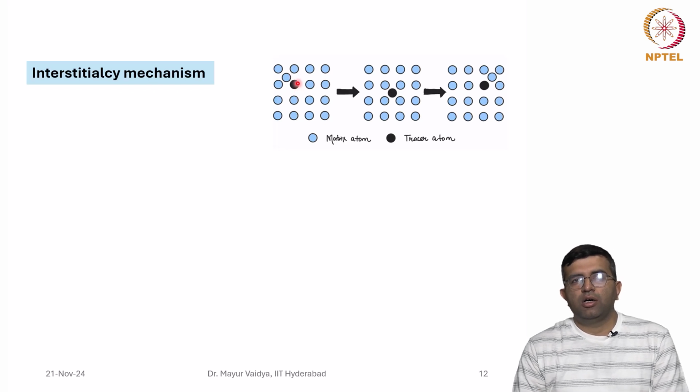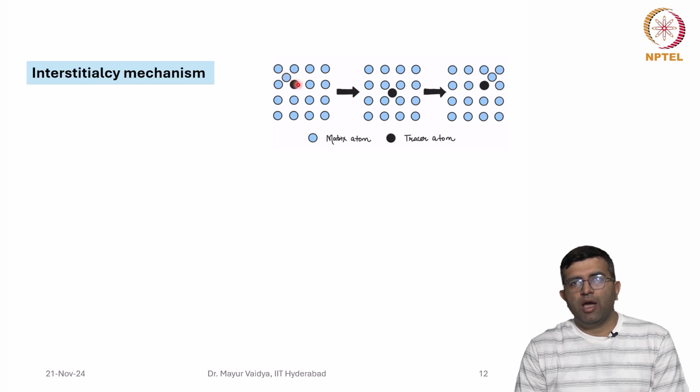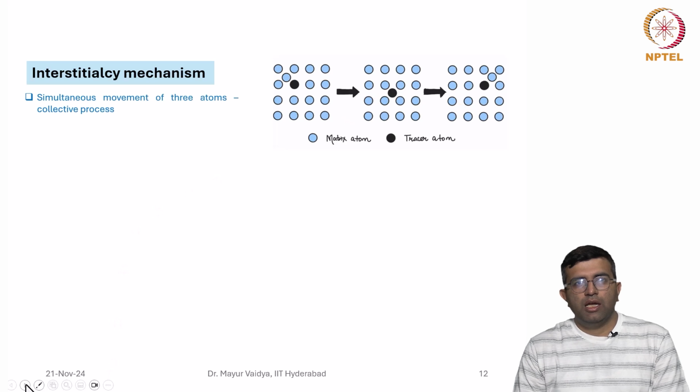Here the moment a tracer atom occupies the parent metal position itself, the parent atom is displaced into its own interstitial. That's why it is called the interstitialcy or self-interstitial mechanism. So the movement happens by exchanging position with this parent atom, which is acting as a self-interstitial. So it involves simultaneous movement of 3 atoms.